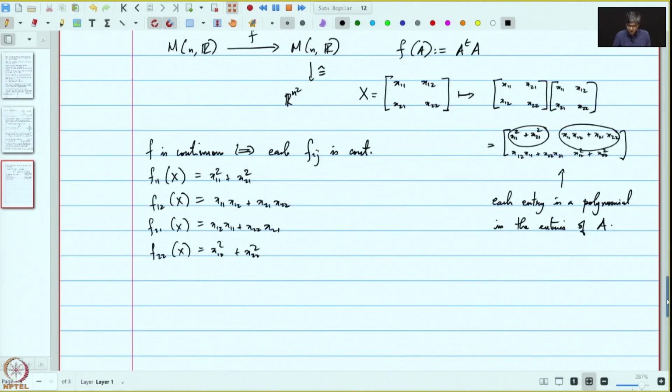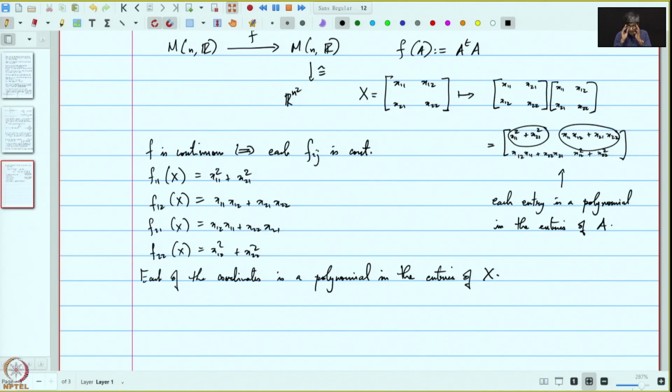Right. So each of the coordinate functions is a polynomial in the entries of X. In other words, each of these coordinate functions, we can write it as a polynomial obtained using the projection maps. Each of the projections is continuous, and since we take product and add, etc., that's also going to be continuous.